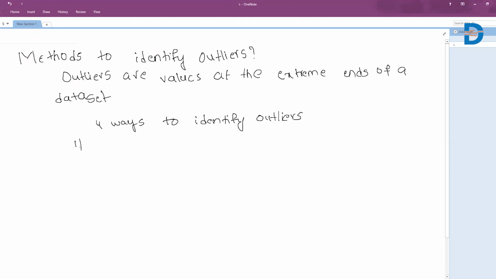The first one is the sorting method. The second one is the data visualization method.